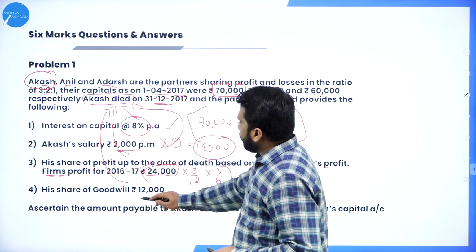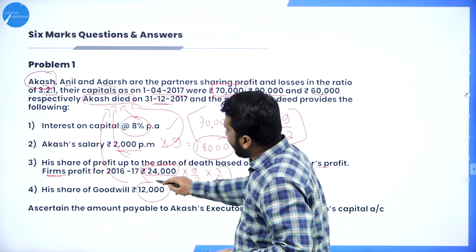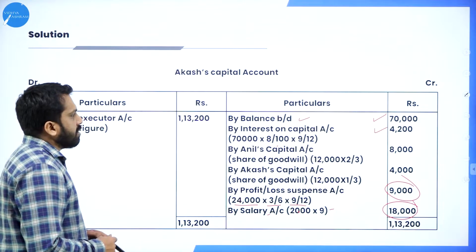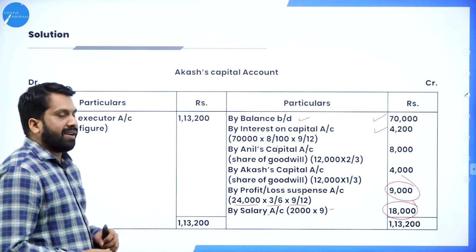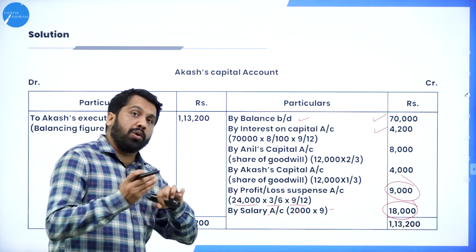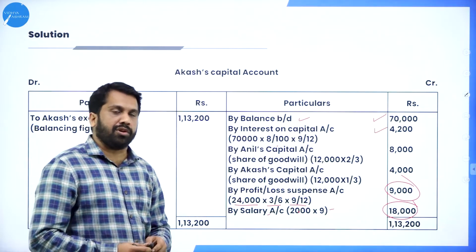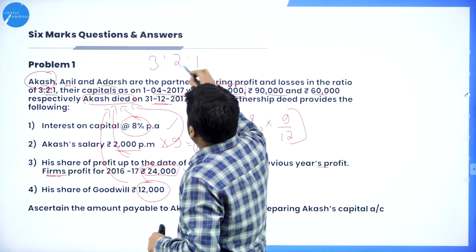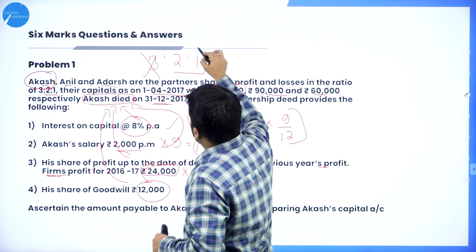After this, his share of goodwill is 12,000. This 12,000 will be given by whom? Old partners. What is the ratio? They have the ratio of 3:2:1. The first partner's death means 2:1.